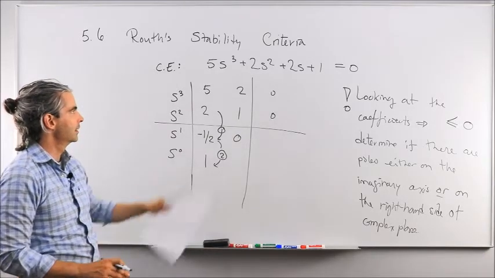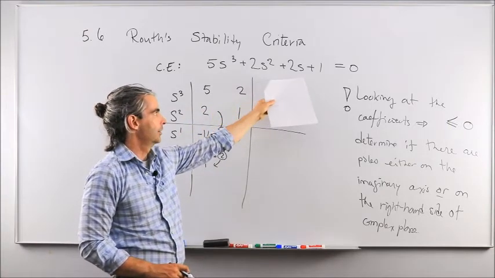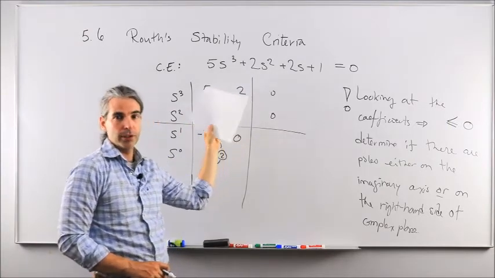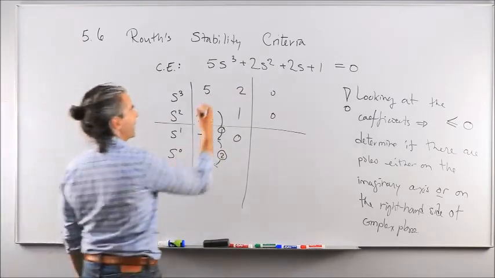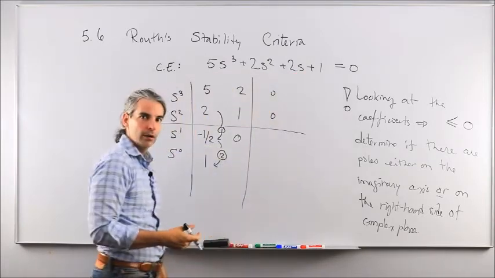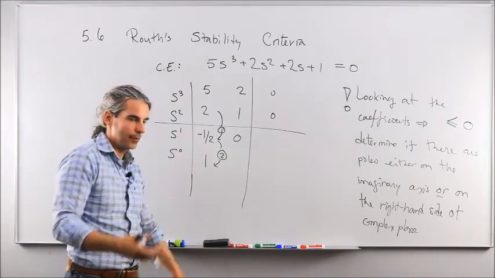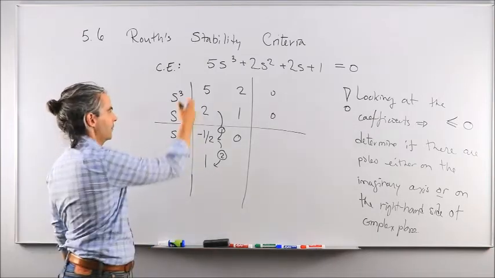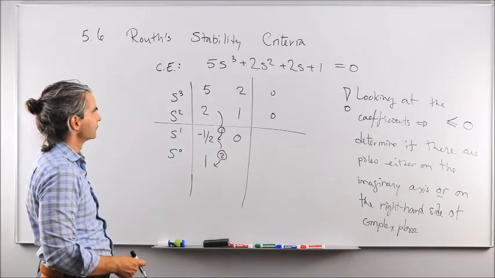And therefore, this characteristic equation is related to a non-stable closed-loop transfer function. Okay? And you see that I didn't need to solve this equation to know exactly where the poles are, because I don't care. All I want to know is if it is stable or unstable or asymptotically stable, then boom. Just by counting the sign changes, I had my answer.